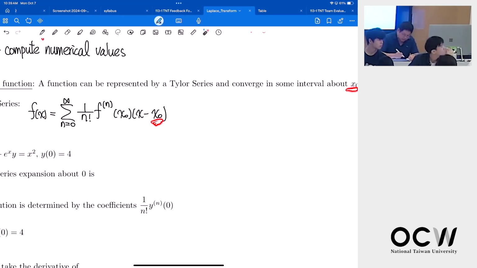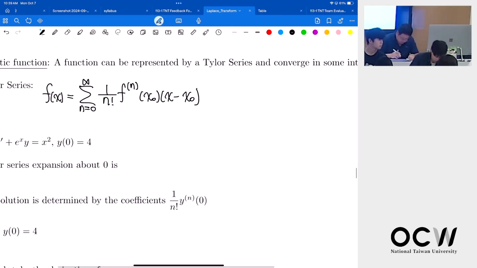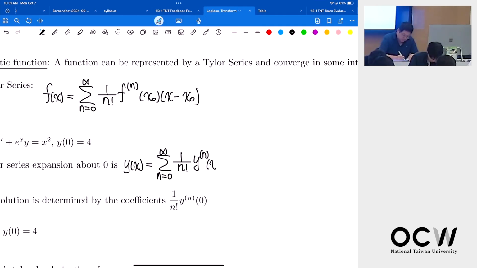So y of x should be the sum from n equals 0 to infinity of 1 over n factorial, y to the n at 0, times x to the n.